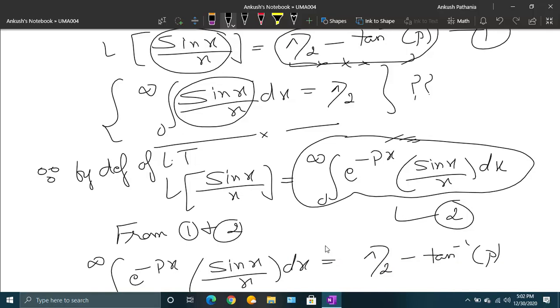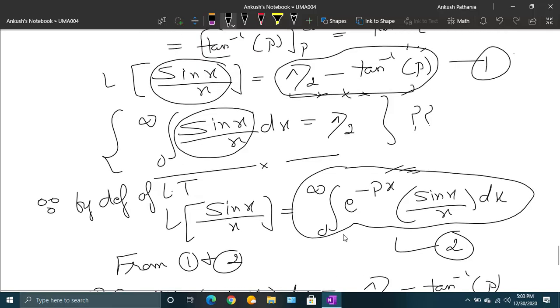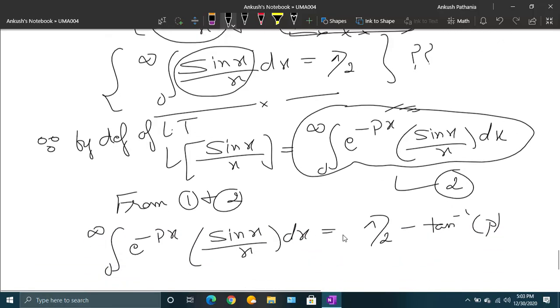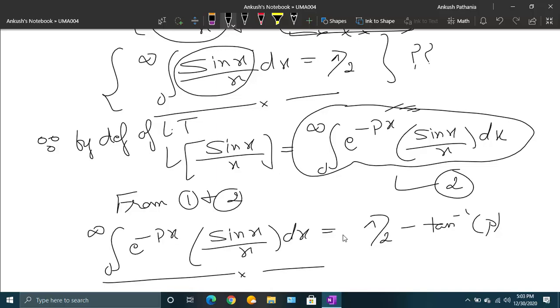I have got this form by combining 1 and 2. What has been asked in the question is only sin x upon x. So how can I get the form sin x upon x only? I can do it by putting p equal to 0 in this whole equation.